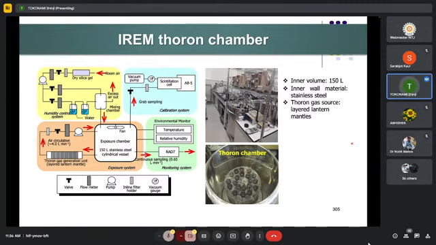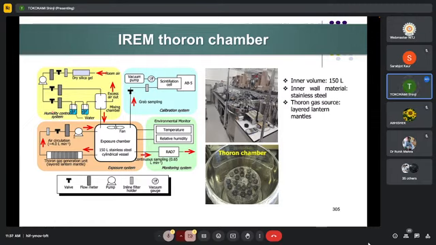Regarding the thoron chamber, as I mentioned in the previous slide, there's a humidifier, a humidity control system.